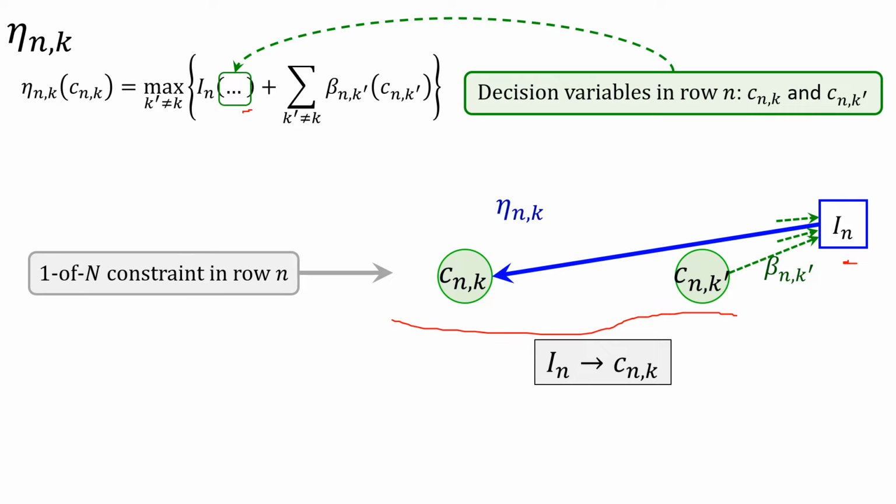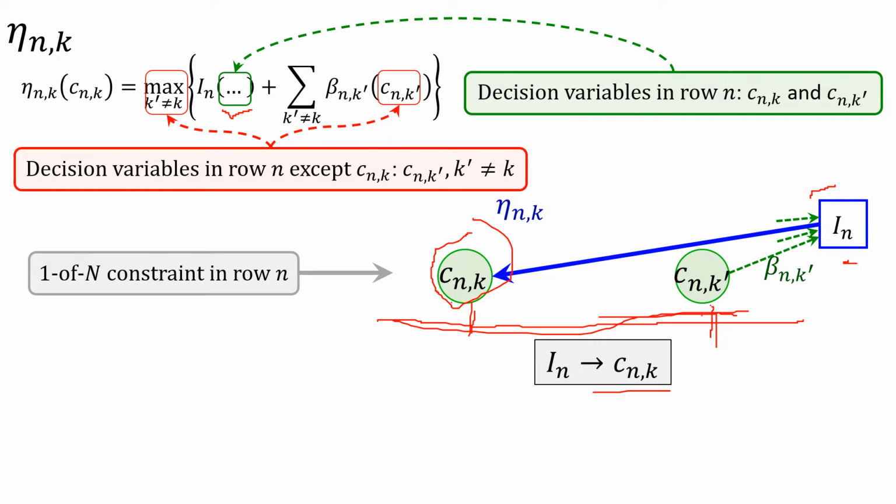Now the arguments to this in are the decision variables in row n, which includes all these cnks, including cnk and cnk prime. I've used two separate nodes here, one for cnk and one for cnk prime. Cnk prime can be any other node except cnk, because cnk is fixed here. I'm considering the message from in here to cnk.